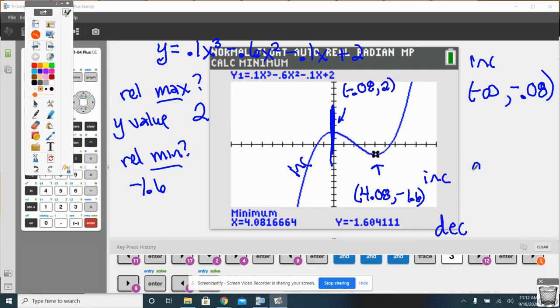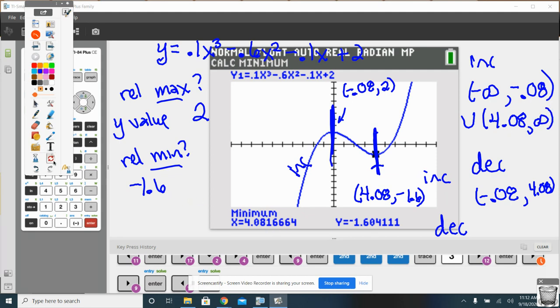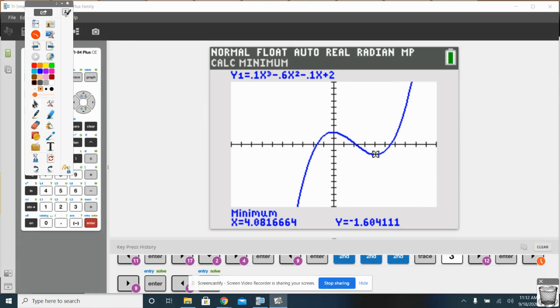Then my graph begins to decrease from negative 0.08 to the next turning point, which happened at 4.08. And then it started increasing again. So you would do a union, 4.08 to infinity. So that's how you can do the increasing and decreasing.